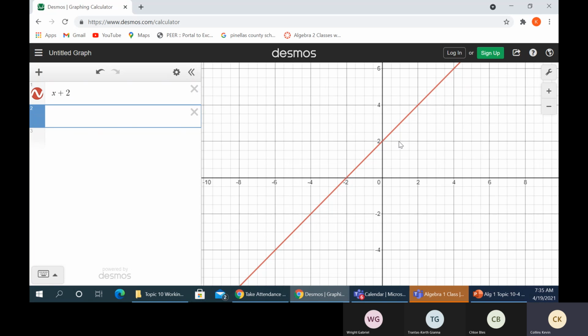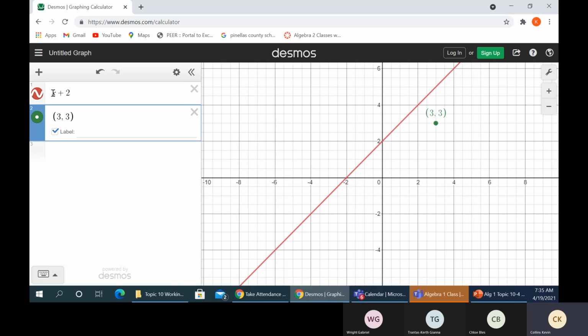So if I'm at 2, 0, right? I'm going to go up 1 to 3 and then over 1, 2, 3. So it's going to be at 3, 3. So let's go ahead and pop that point in there. Label our guy. There we go.